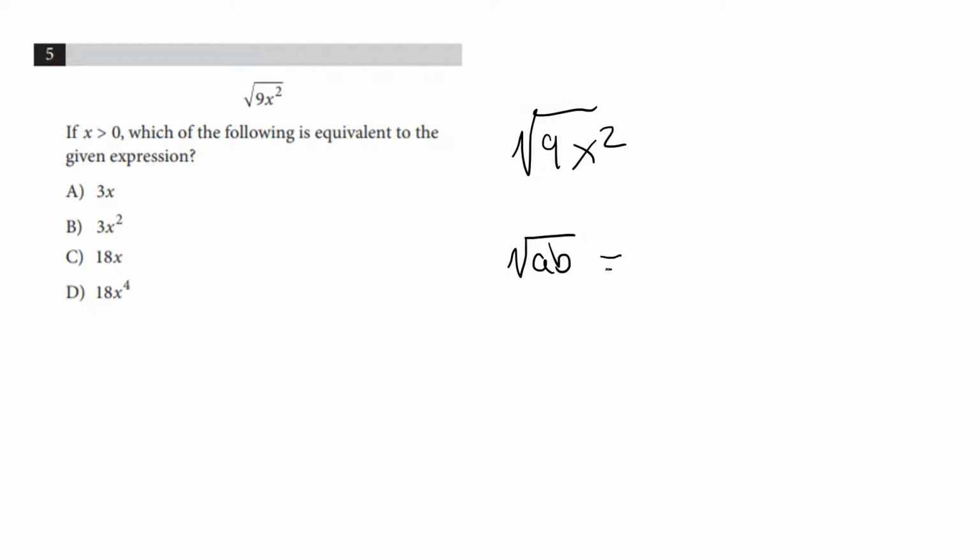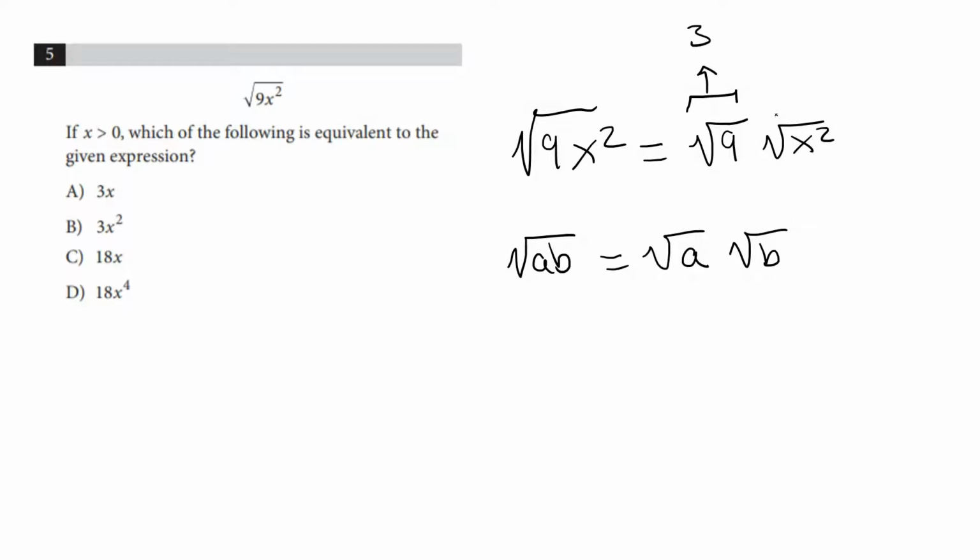Square root of AB is equal to square root of A times the square root of B. So in this case, that would be the square root of 9 times the square root of x squared is the same as this. This is really easy to evaluate. We know that this is 3 and that this is x, which gives us 3x.